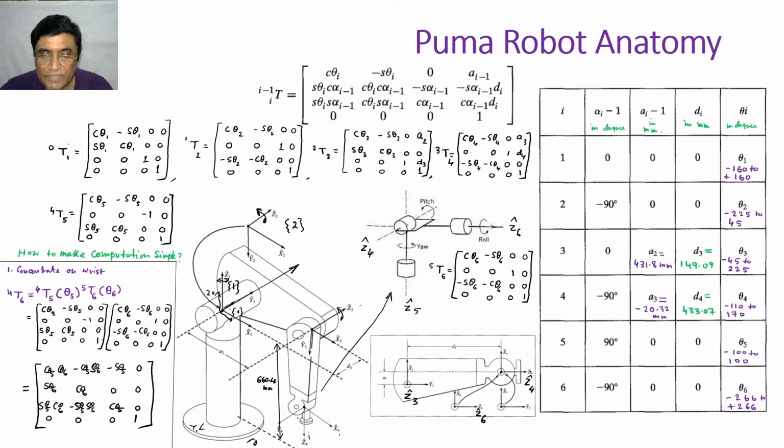Wherever you see the motion about an axis, I am calling this roll, this yaw, and this pitch. So yaw, pitch, roll, just names we have given. All the Z axes are now fixed because you could identify the motions.